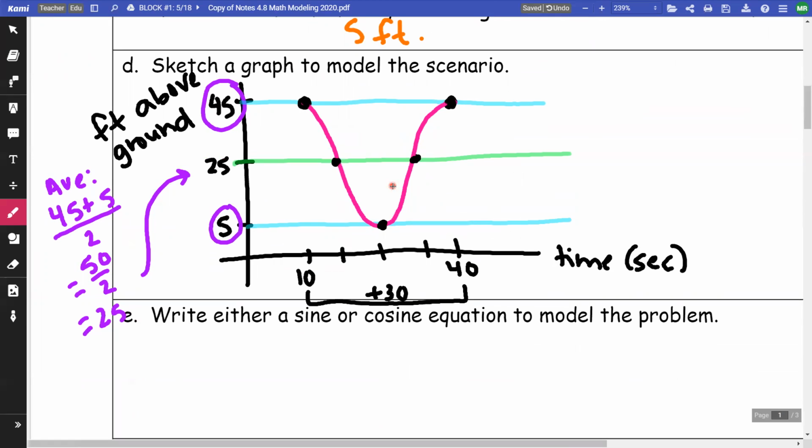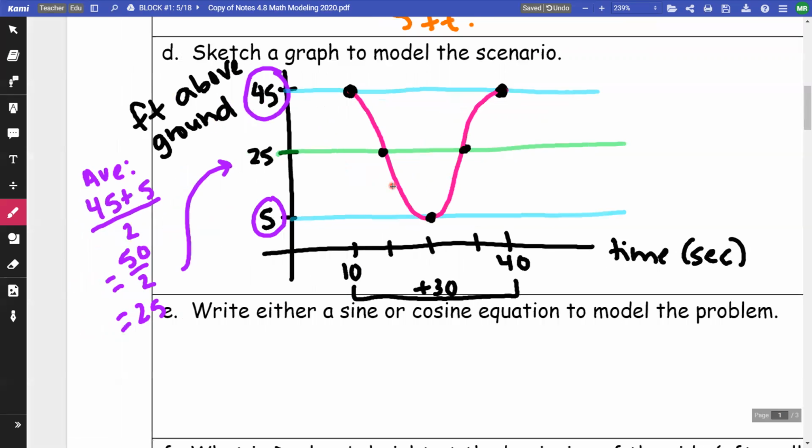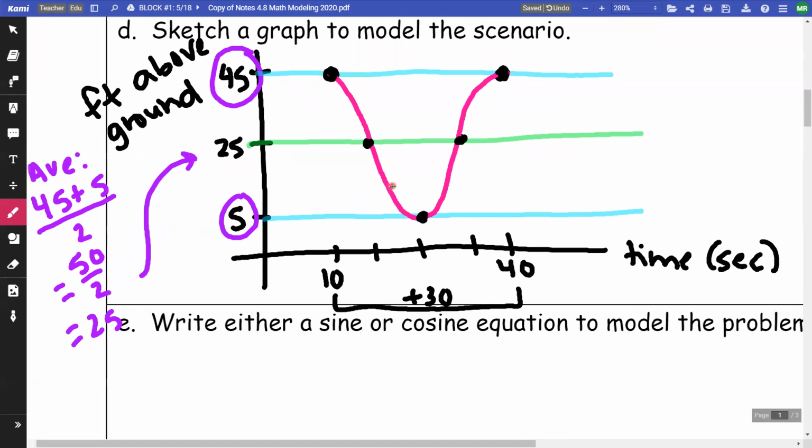Now, I don't necessarily need all the values in between, but every so often it might answer some of the questions you see in a word problem. So to find this value, basically do like we did over here. We're going to average the start and end. So I'm going to take 10 plus 40 divided by 2, and that's going to give me 25.